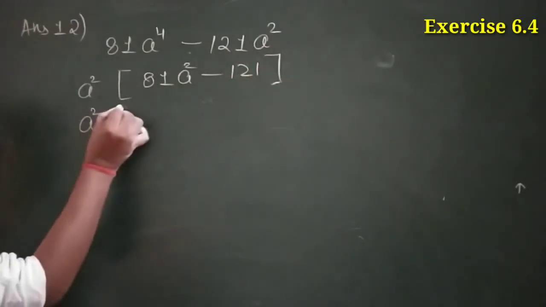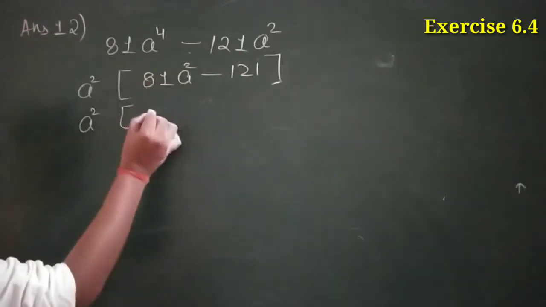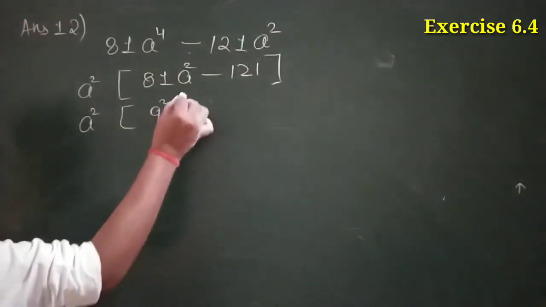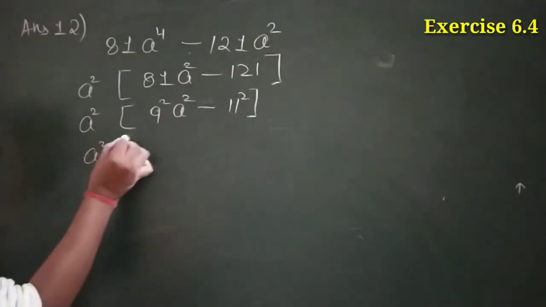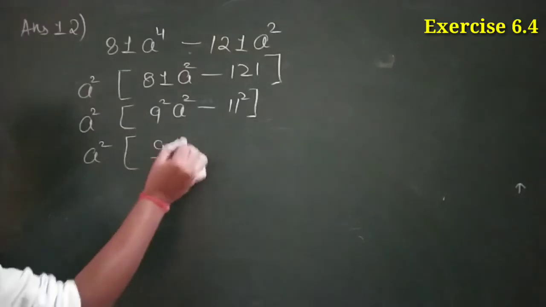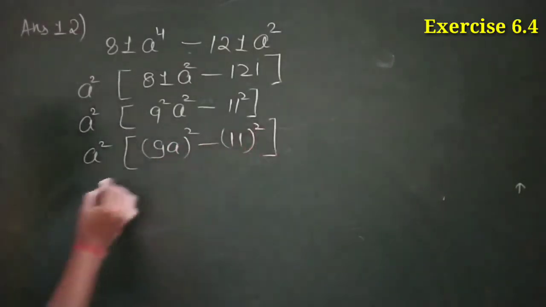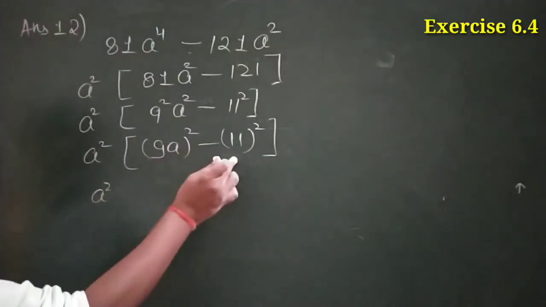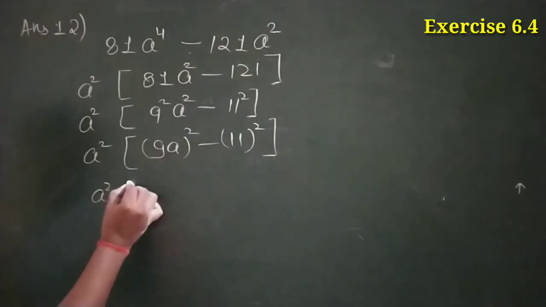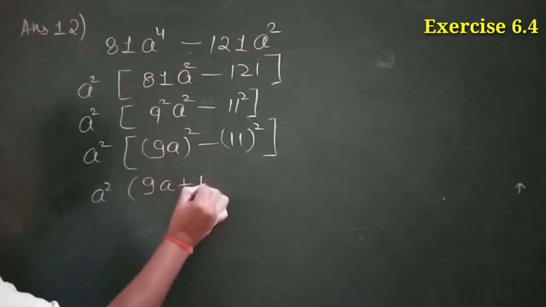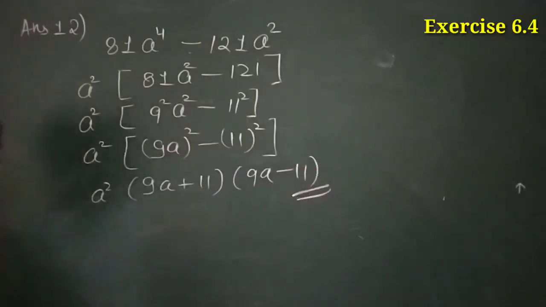Now we have to convert them in the form x square minus y square. 81 is square of 9, 121 is of 11. Okay. So 9 square a whole square minus 11 square. So we can apply the formula here. A square minus b square means 9a and 11 will be added and subtracted once. Means 9a plus 11, 9a minus 11, which is our needed answer.